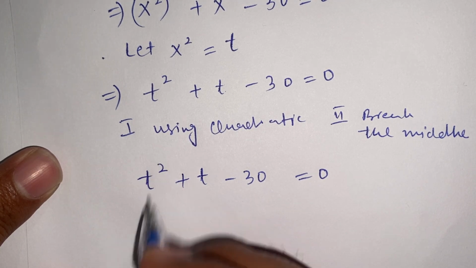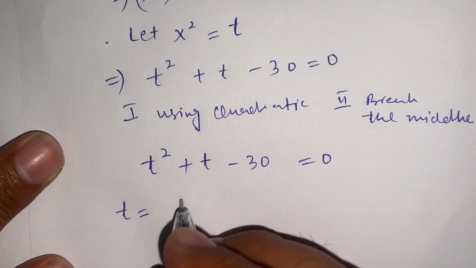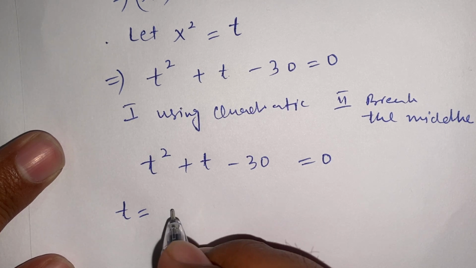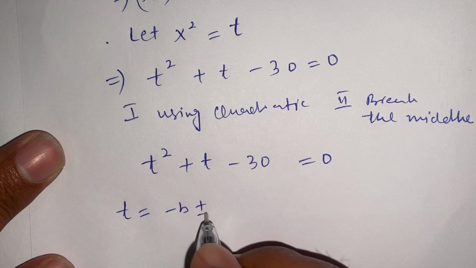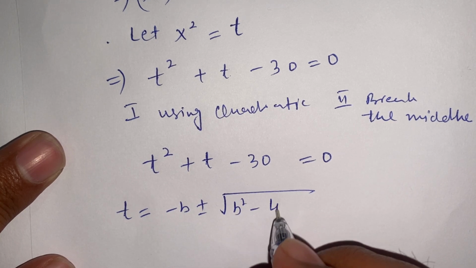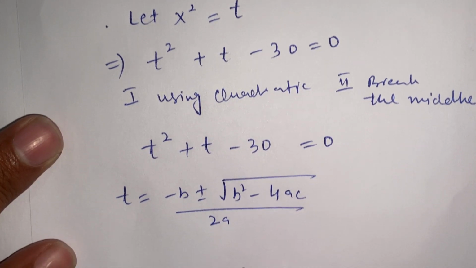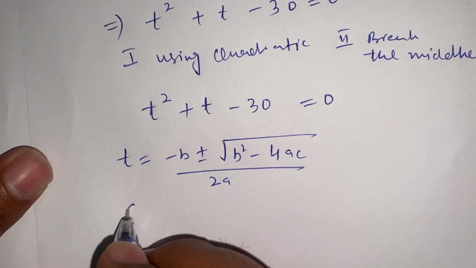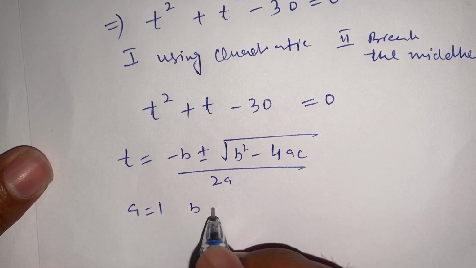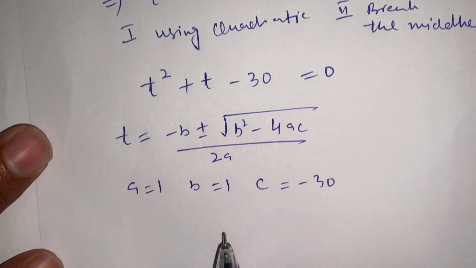First we use the quadratic formula. t is equal to minus b plus minus square root of b square minus 4ac divided by 2a. Here a is equal to 1, b is equal to 1, c is equal to minus 30.